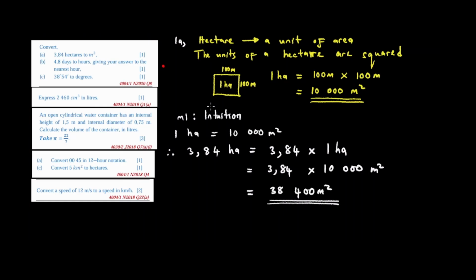This is the intuitive way of thinking about it, kana kuti the logical way of thinking about it. If 1 hectare is 10,000 meters squared, 3,84 hectares, just take that, multiply by 10,000, you get your answer. But there is a second method which I want us to employ.